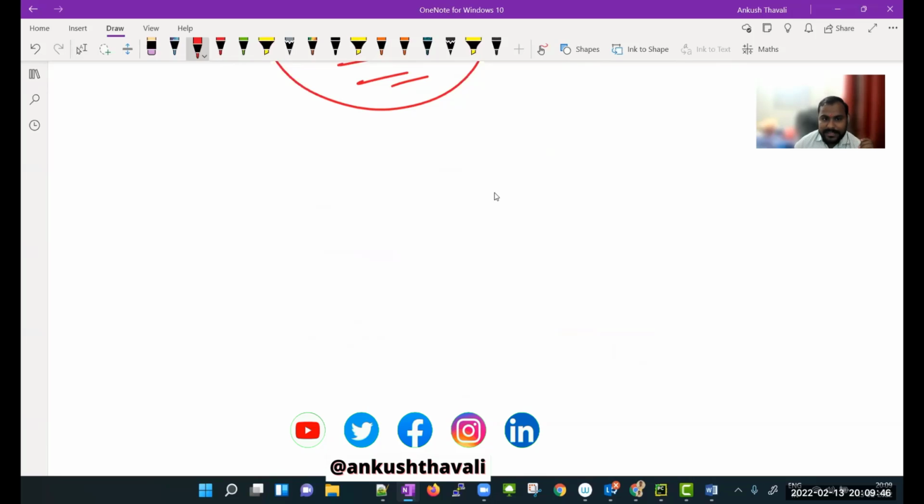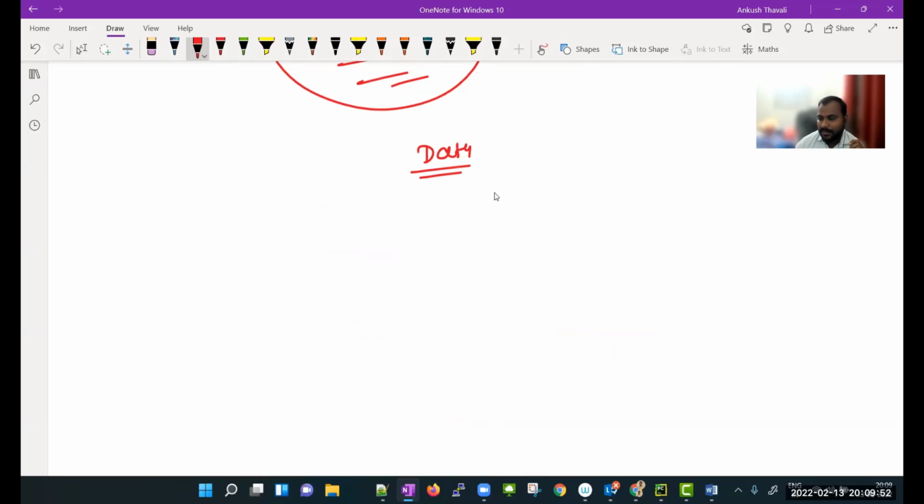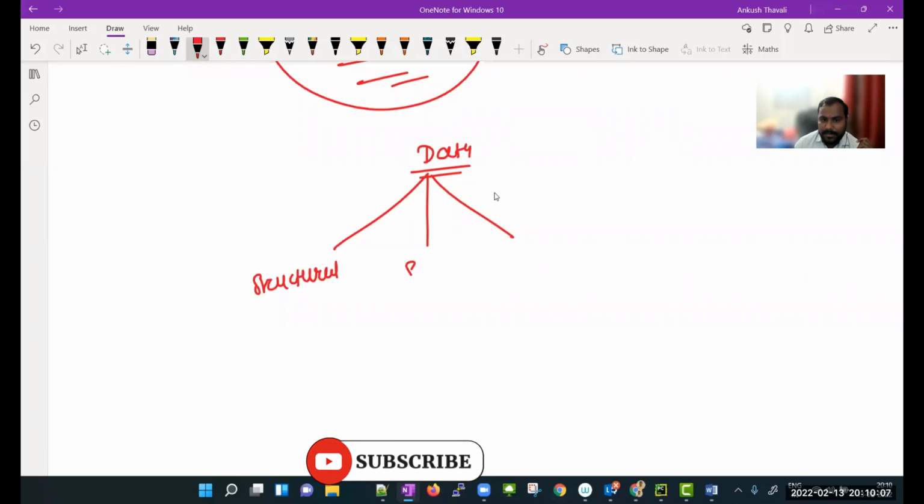When I discuss data, there are different types of data available. The data can be divided into three parts. It can be structured data, it can be semi-structured data, or it can be unstructured data.